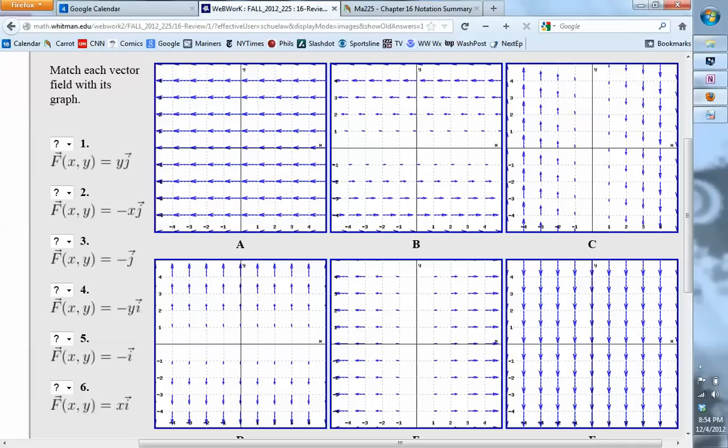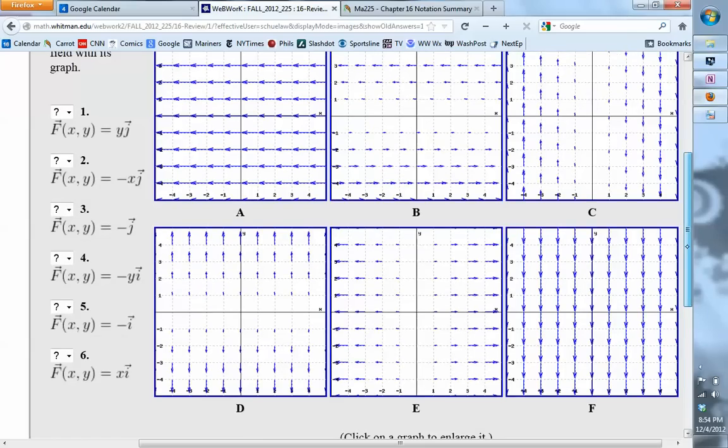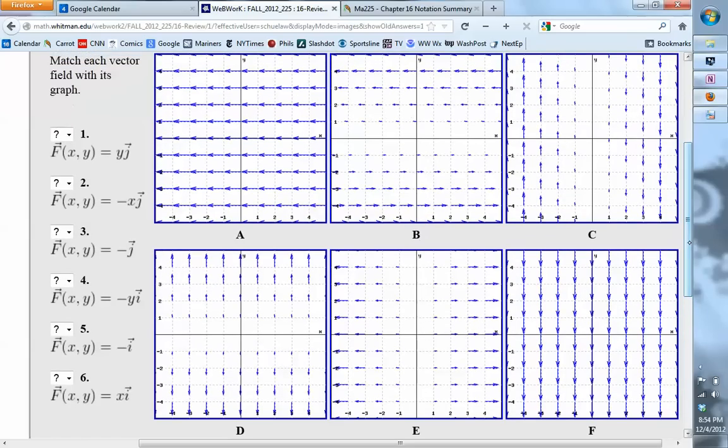So that rules out this guy, this guy, this guy. It rules out A, B, and E, because none of those have j components. So now we're just left with figuring out what yj looks like.